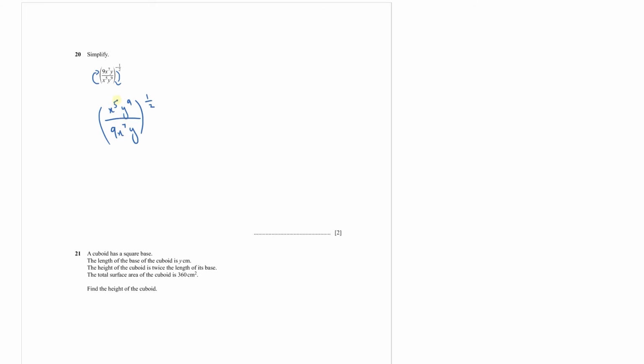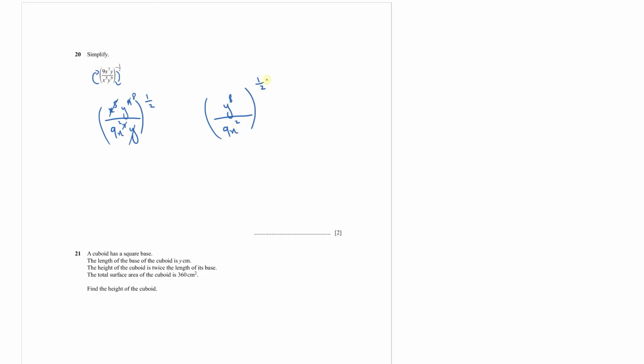Now I can cancel this x to the power 5, and this will become x squared, because 7 minus 5 is 2. And then I can cancel this y out, and I will get y to the power 8 in the numerator. So now I am left with y to the power 8 over 9x squared, and then whole power 1 by 2.